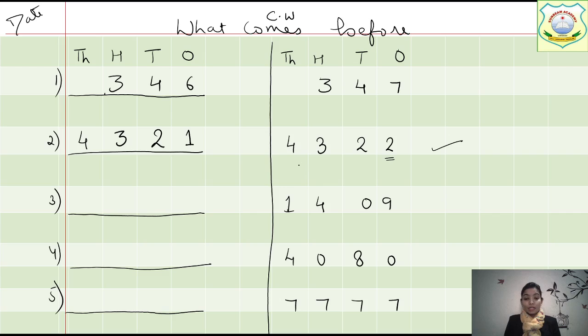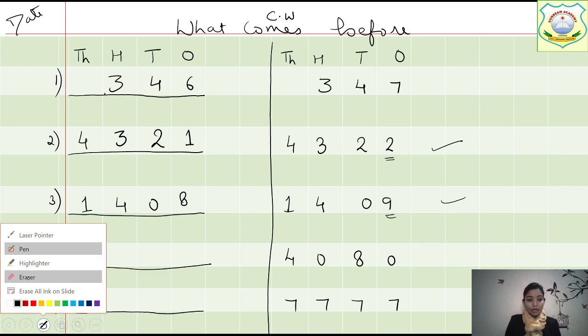Next, 1409, ये question है. So now what we have to do, we need to see the ones place. Ones place पे क्या है, 9. So 9 के before number क्या है? What is the before number of 9? That is 8. So what we are going to write here is 1408. Got it? So we have to just see the ones place and we need to do -1 there only.